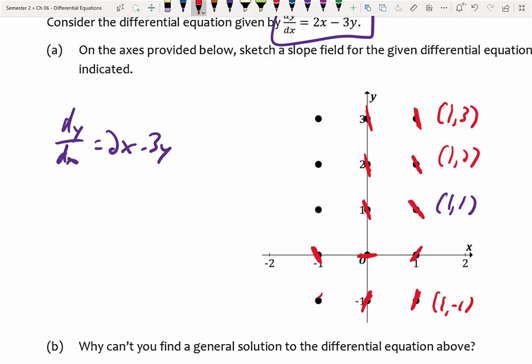That's a slope of 1. Then negative 1, negative 1, 1 would be negative 2 minus 3. This is a slope of negative 5. Then this is a slope of negative 8. And this is a slope of negative 11, our steepest one yet.